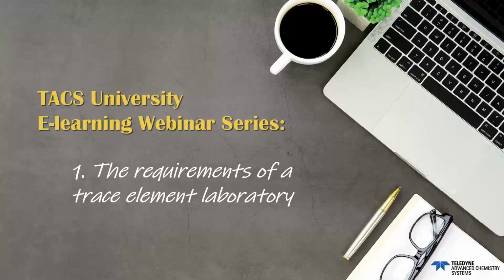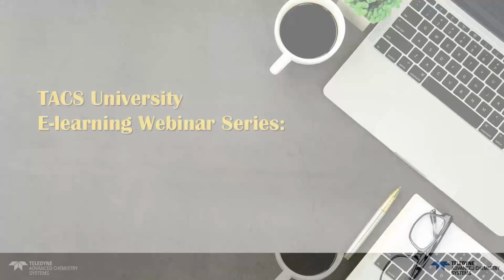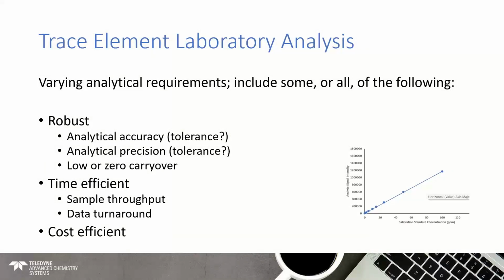So, starting off with some general requirements of a trace element laboratory. This is what will sound familiar. Trace element laboratories differ. There are variations between them depending on the kind of work that's going on. But trace element laboratories will look at some or all of the following.